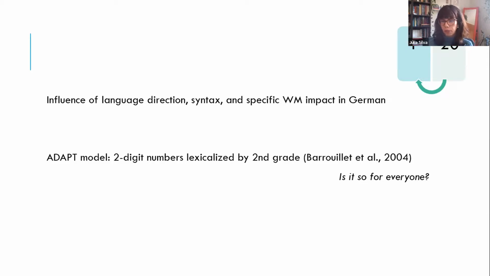It might not be true for every language. So even though he was not analyzing the errors but the writing order, it's interesting that even adults might write it in a different way. It's not that this means that they haven't lexicalized it, but that we should take inversion and other linguistic aspects, such as the French 80, into account, because according to some specific linguistic features, second graders might not be able to lexicalize.